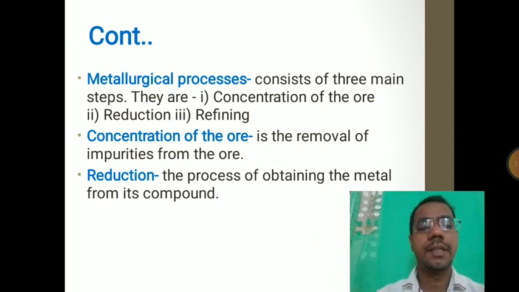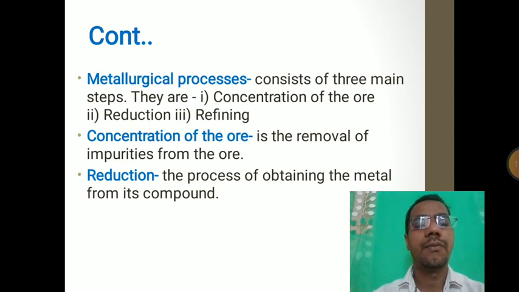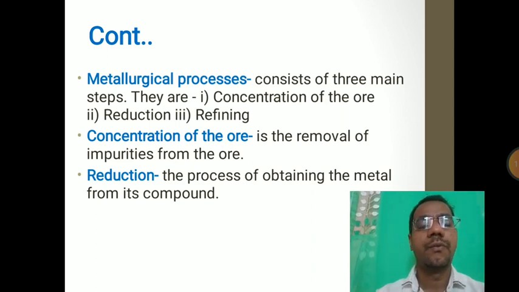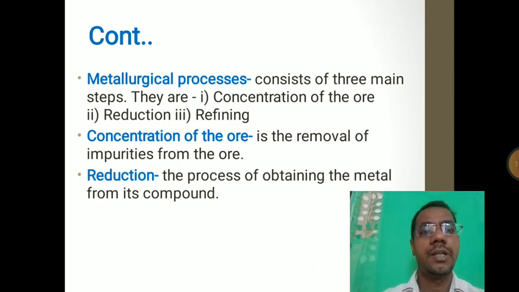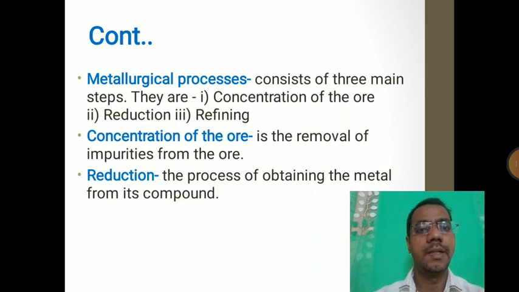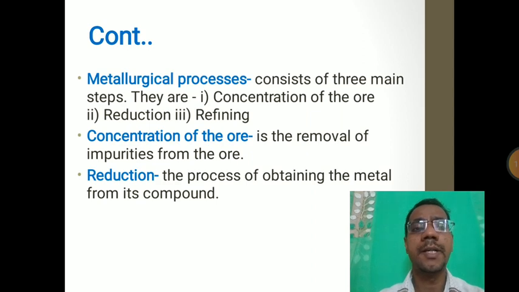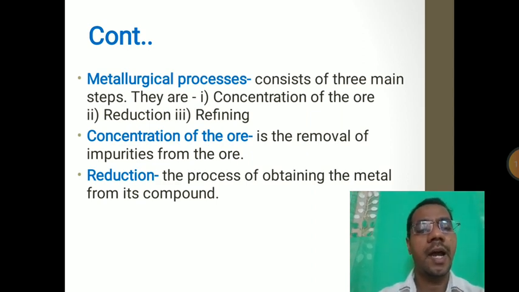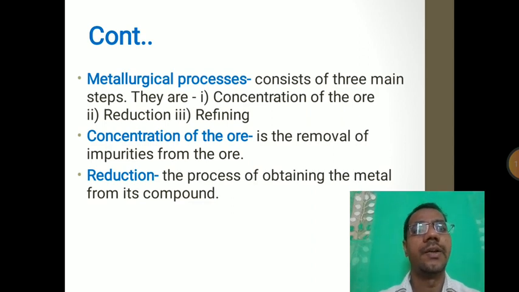There is another meaning of reduction, but right now you have to focus on obtaining metal from its compound. I am adding two words in the definition of reduction. The process of obtaining the metal from its compound by removing oxygen or adding hydrogen is called reduction.